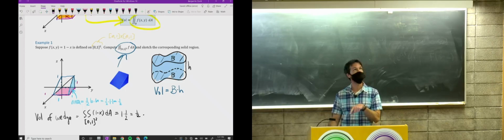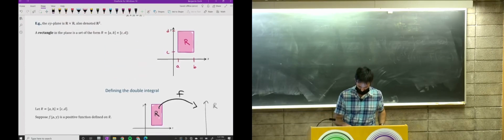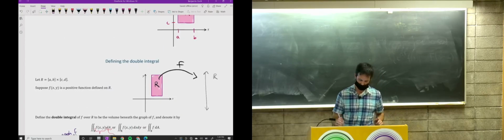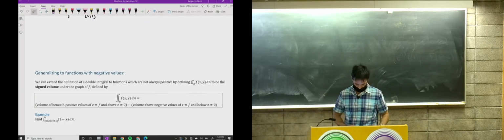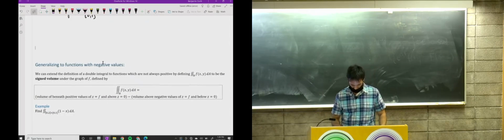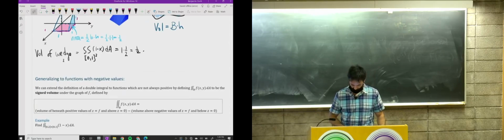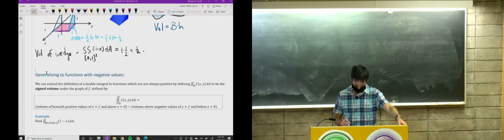So I mentioned that I was only doing the definition for positive functions for the moment. So now let me generalize to negative functions. Suppose that we have a function which is not necessarily positive. How then can we define the double integral?